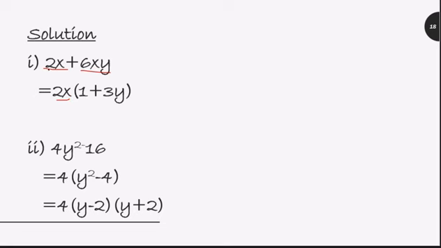Here is the same thing, 4y squared minus 16. Here you factor out a 4, so you remain with y squared minus 4. So this is equal to 4 open bracket y squared minus 4, which can also be written as 2 squared.